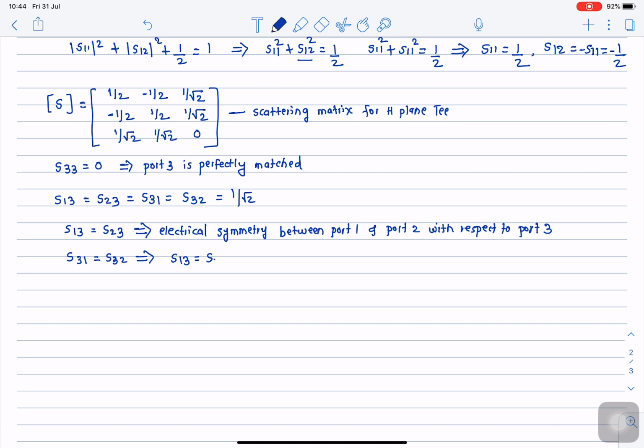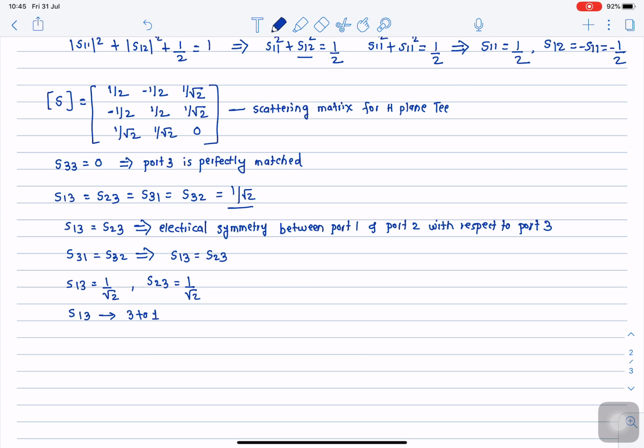And what is the significance of 1 by root 2? Now here these scattering parameters S13 is equal to 1 by root 2. Similarly S23 is equal to 1 by root 2, and so on. So what does this indicate? S13 indicates from 3 to 1.